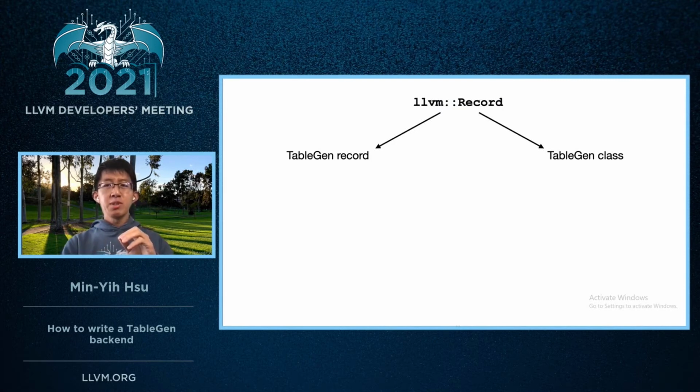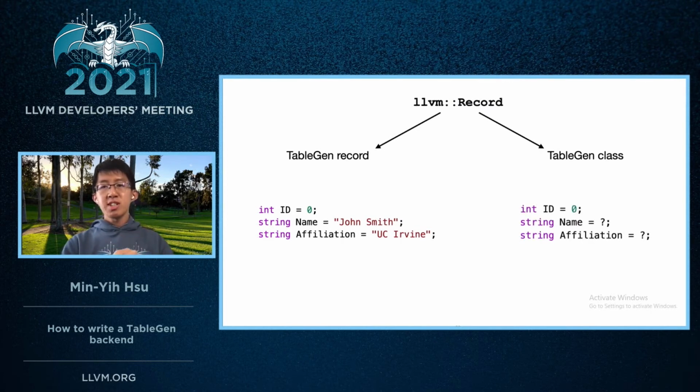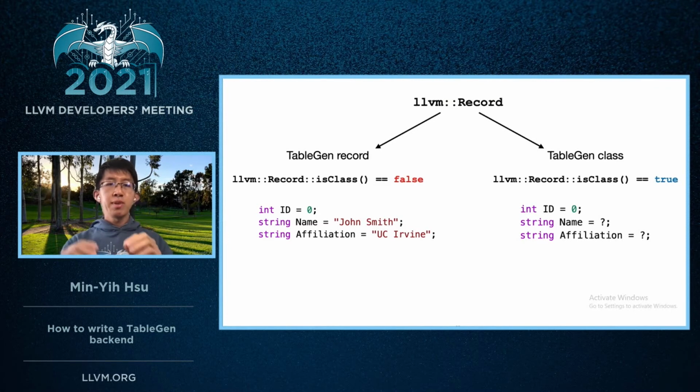Recall previously, each field inside a TableGen record has a constant value, and you can think of a TableGen class being a special case where only part of the fields have values. And finally, to distinguish whether an LLVM Record object is a TableGen record or class, you can use this isClass function to distinguish them.